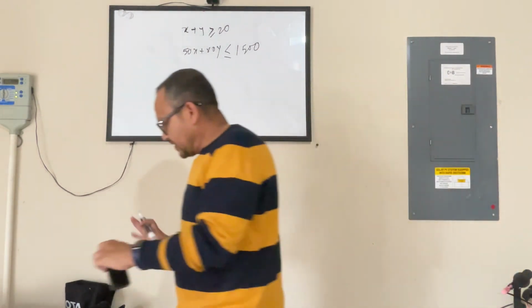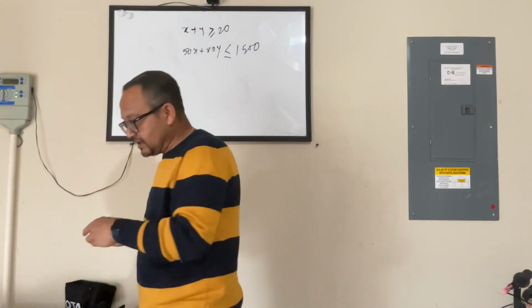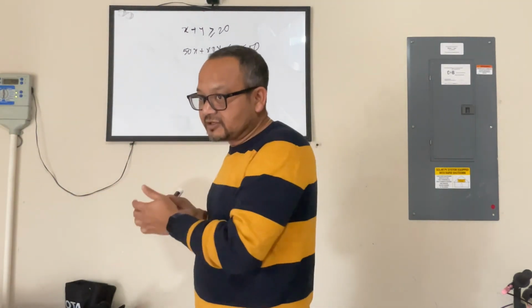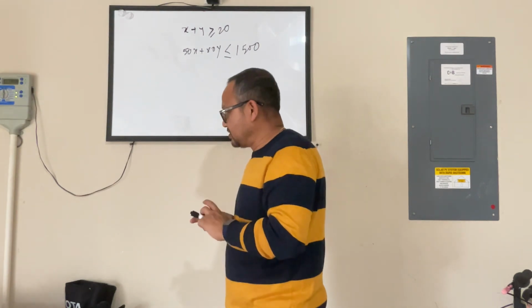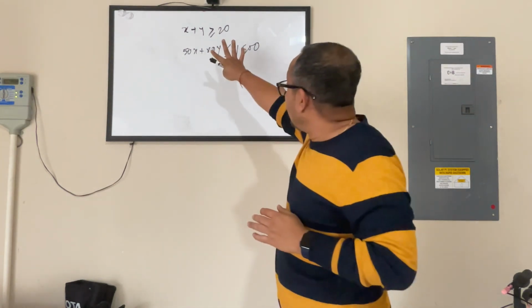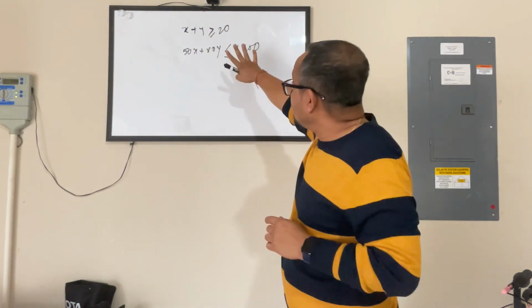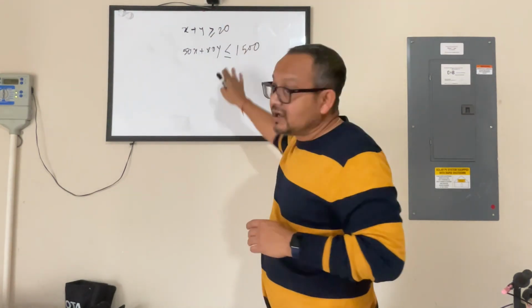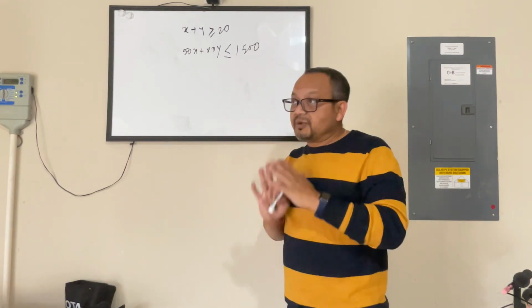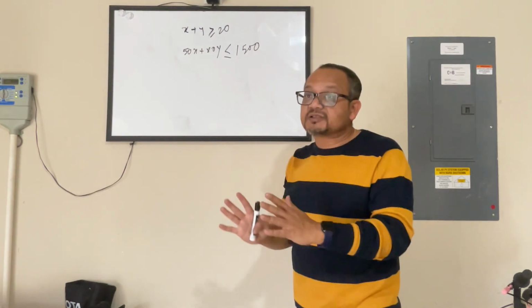Simple approach. Forget about the solution part. I will tell the approach, and then again we'll solve it, and we'll see what is happening here. Whenever you have this kind of situation, you only use the inequality sign for making a judgment, but for the calculation part, you will treat them as equal to.